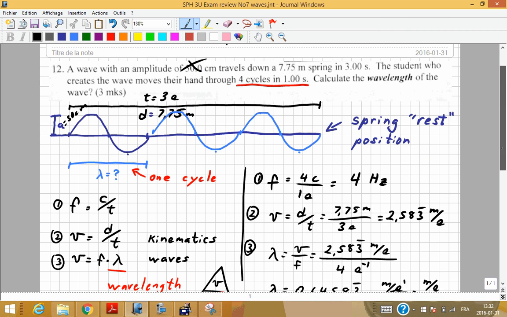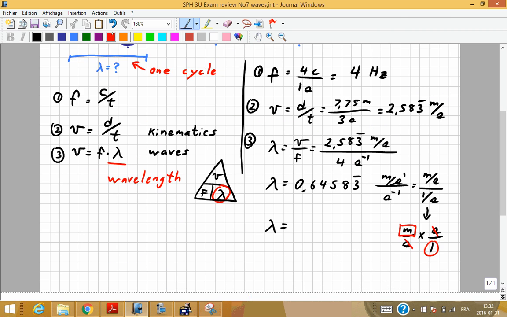So our answer will need 3 significant digits. So 1, 2, 3. That means because it's followed by an 8, the 5 will have to be increased by 1. So in conclusion, the wavelength is 0.646 meters. And that's the answer for this one.